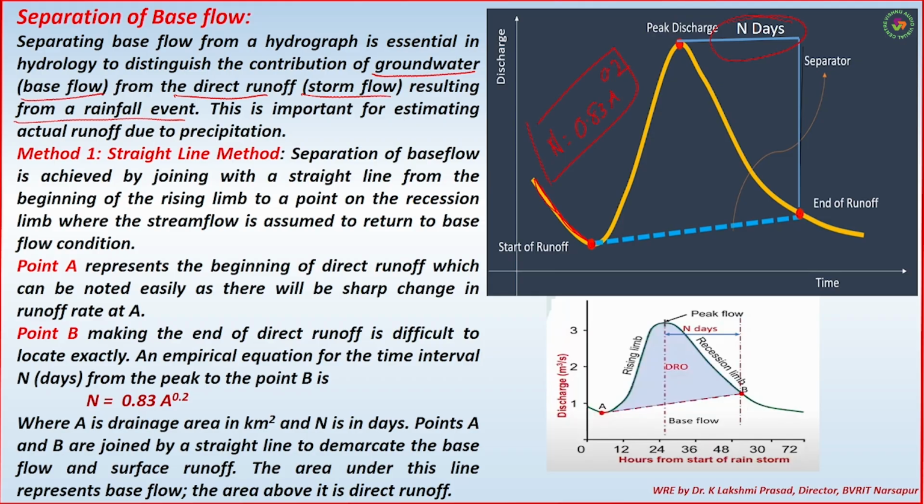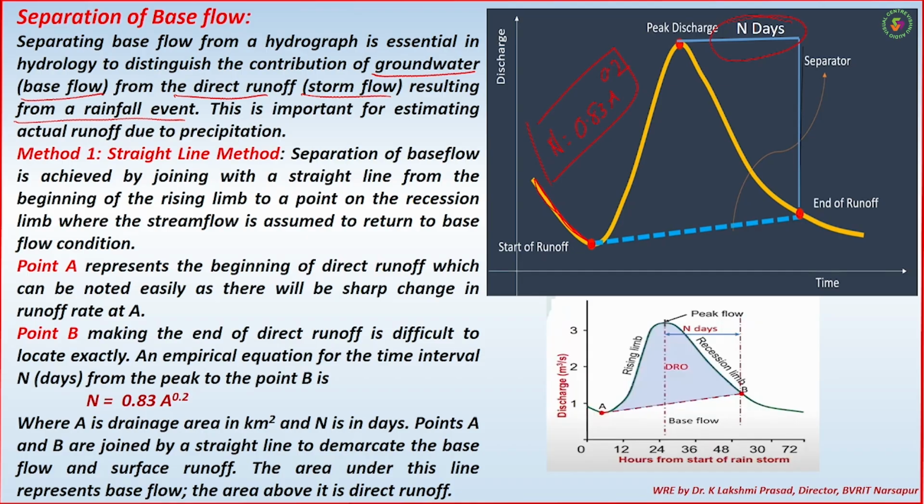N is equal to 0.83 into A to the power of 0.2. What is A? A is nothing but the area of the catchment, the area from which the runoff occurred to the outlet. That area will be given to you. The moment the catchment area is given, you calculate N, but remember that N will be in days.